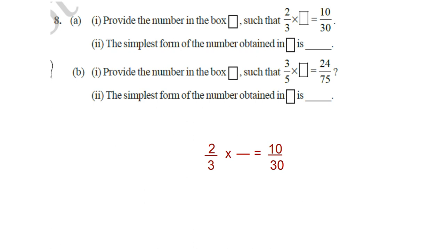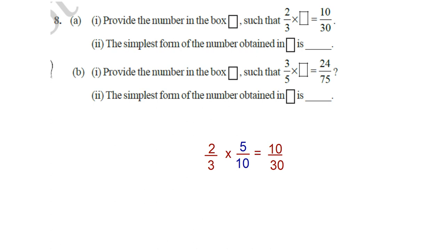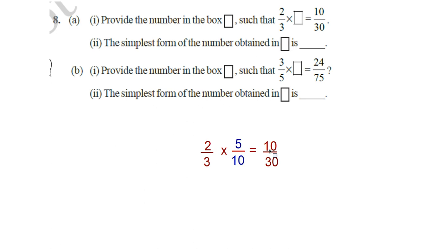So the numerator will be 5. Now 3 into which number gives you 30? Yes, 3 into 10 gives 30. Therefore, 2 by 3 into 5 by 10 will be 10 by 30. Therefore, the number in the box will be 5 by 10.